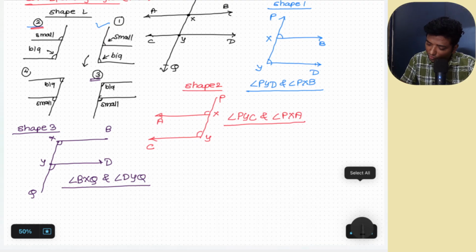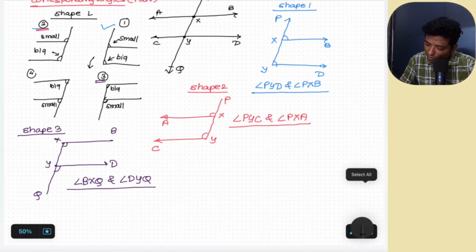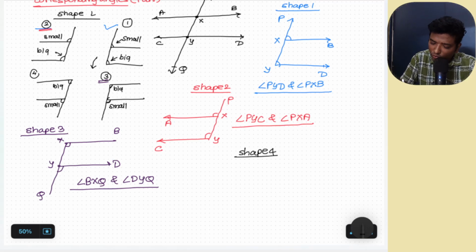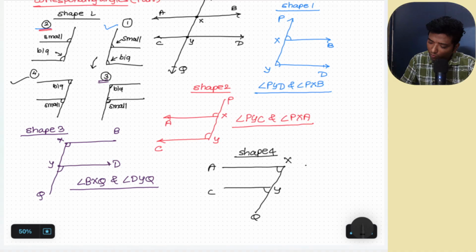Then go for the final shape number four. Shape four is over here. Let's find it. There we go. Here, figure L, A, X, Y, the fourth shape.